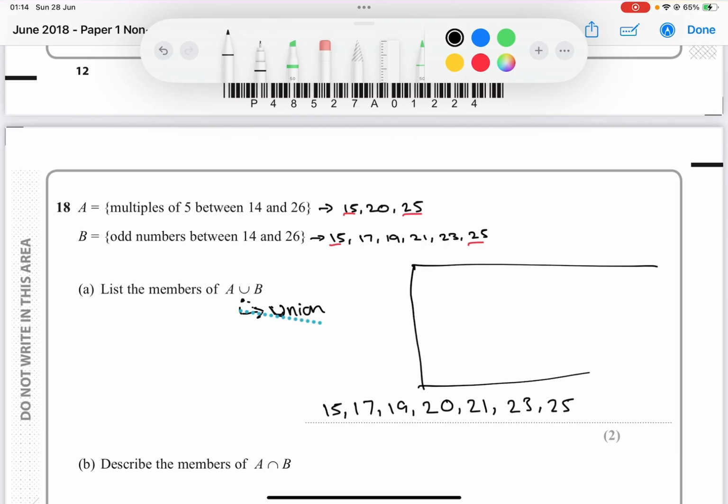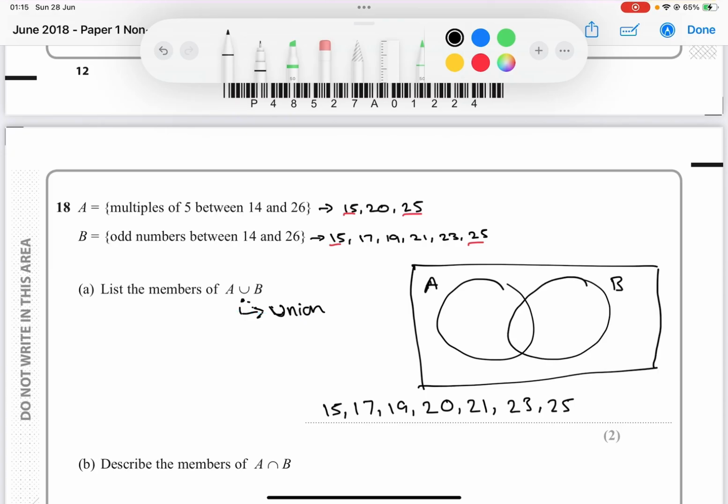Okay, so I have A here and I have B here. I know that A is 20, 15, and 25. 15 and 25 go in the middle because A and B both share them, so that would go in the intersection part. And B would just be 17, 19, 21, and 23.